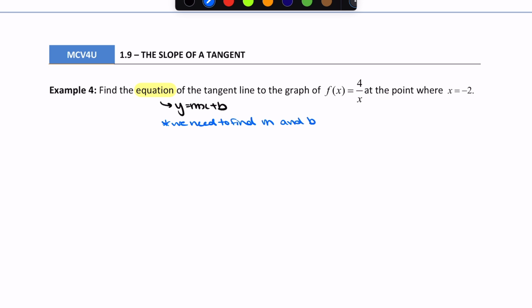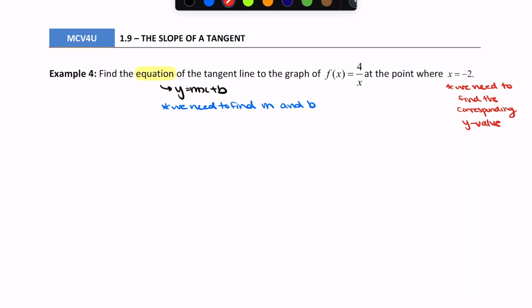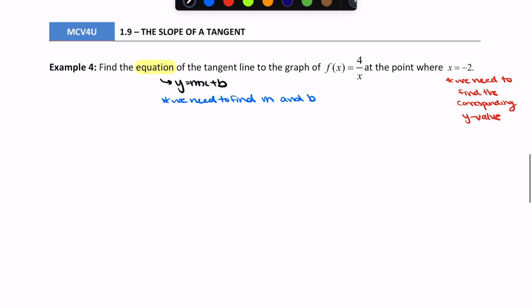So here, x is equal to -2. We need to find the corresponding y value. Here we know that our function f of x is equal to 4 over x.